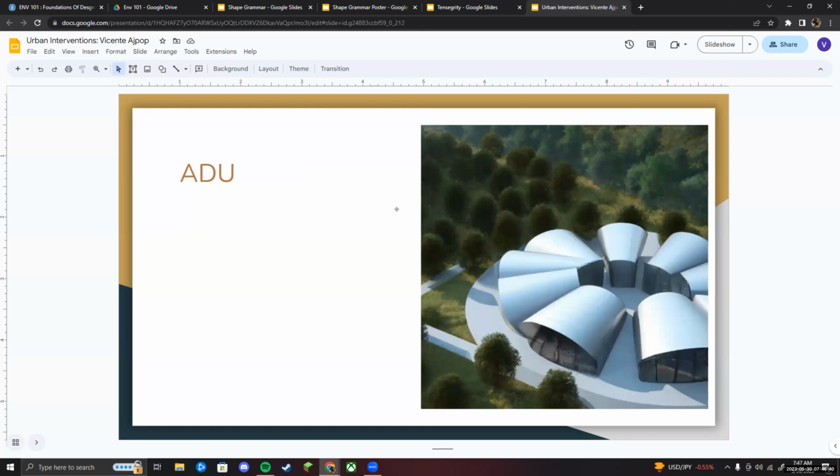These are many urban interventions that can be added to the city to help restore and improve the city itself. And that is the end of my presentation.